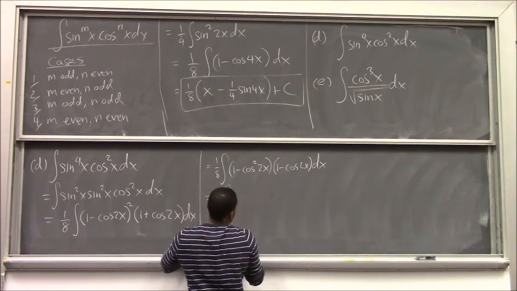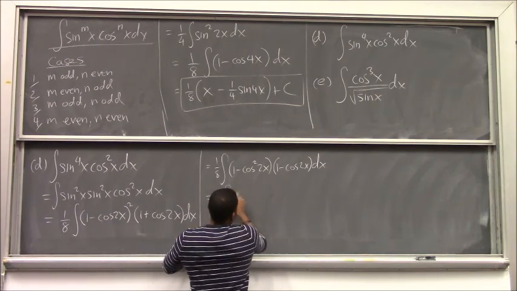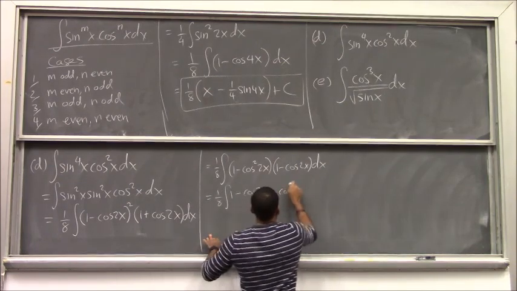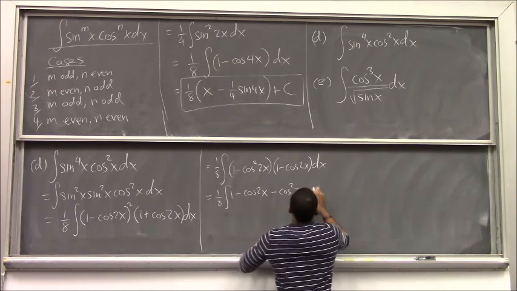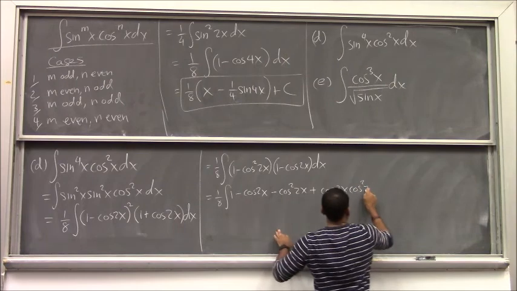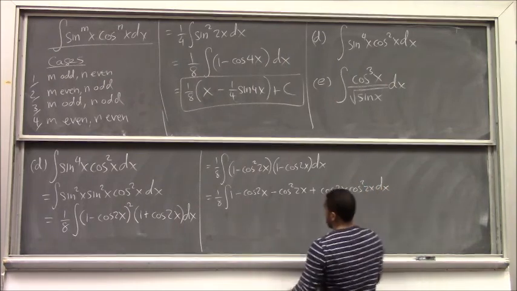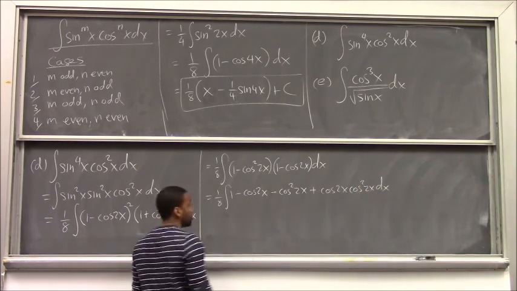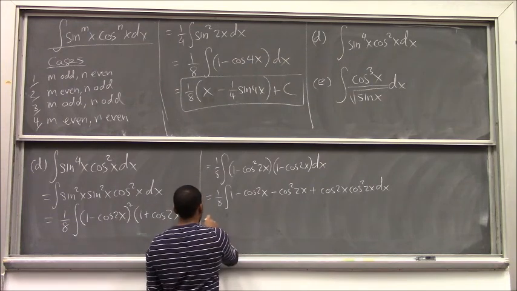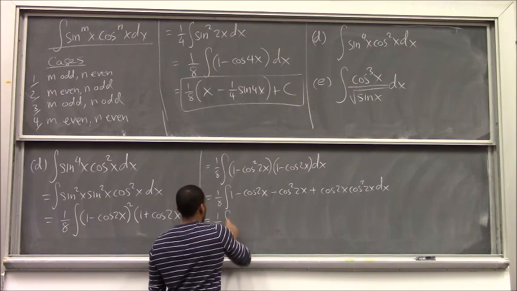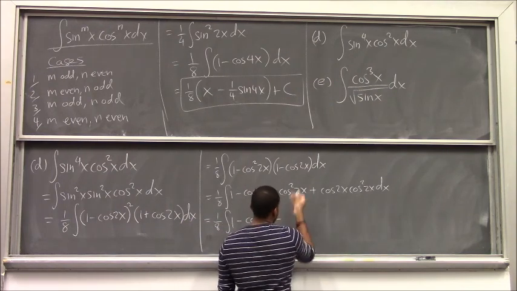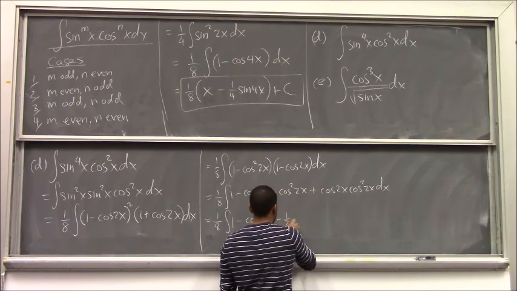So that's going to be 1 minus cosine 2x minus cosine squared 2x plus cosine 2x times cosine squared 2x. Minus cosine 2x. This one again, I do use a half angle formula.